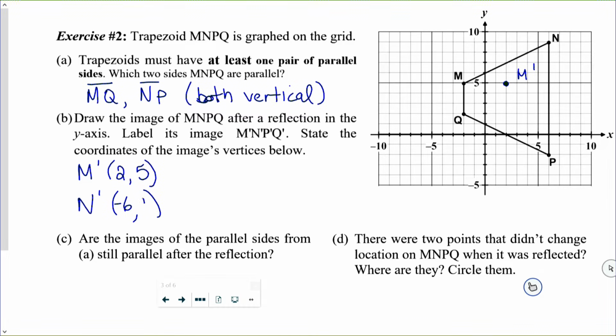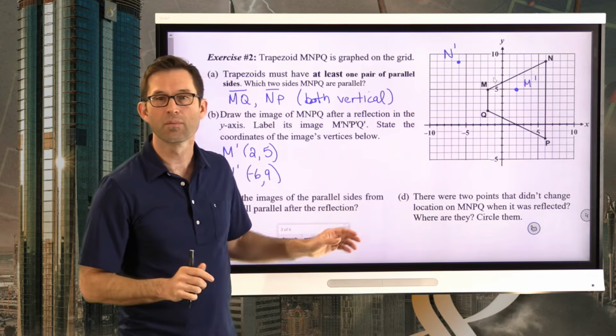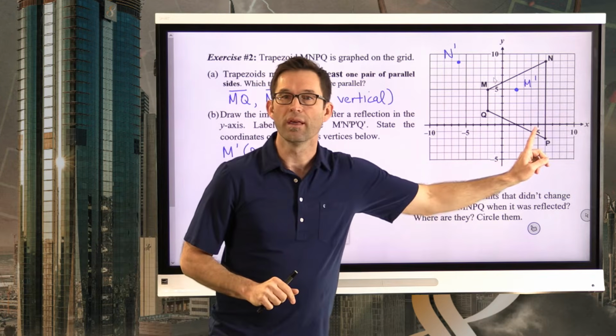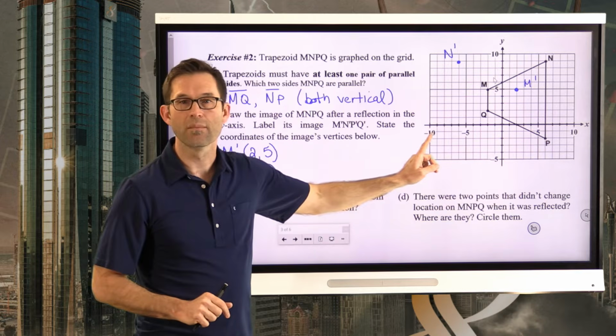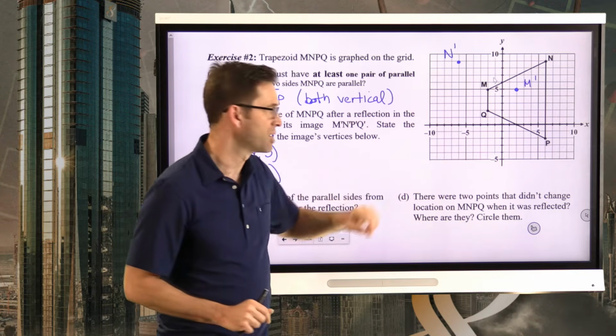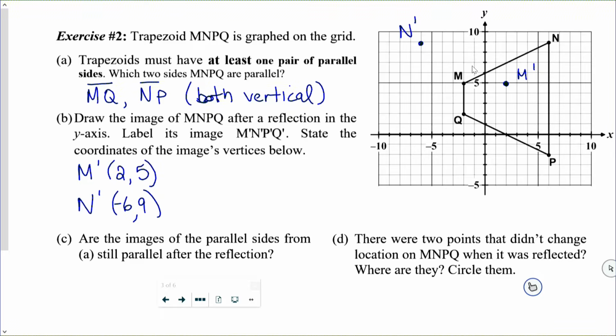All we're doing is changing the sign of the x-coordinate. All right, let's keep going. So P is going to be at 6, negative 2. When I reflect it, it's going to be over here at negative 6, negative 2.